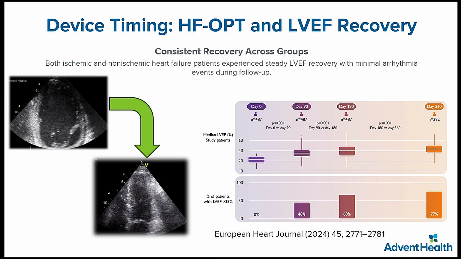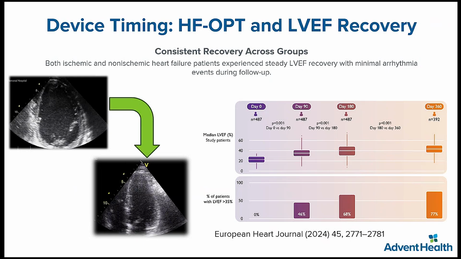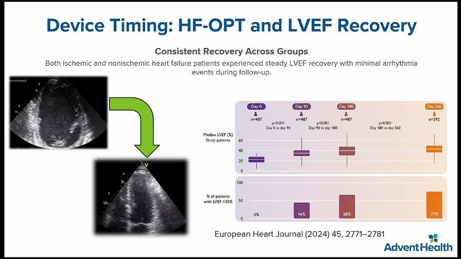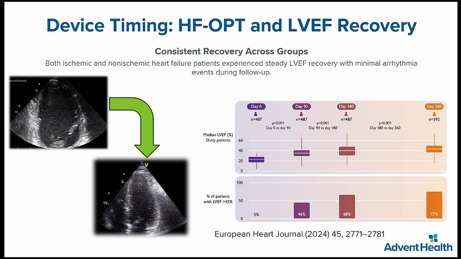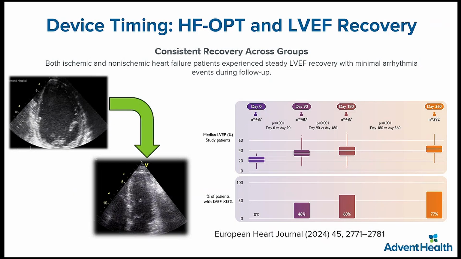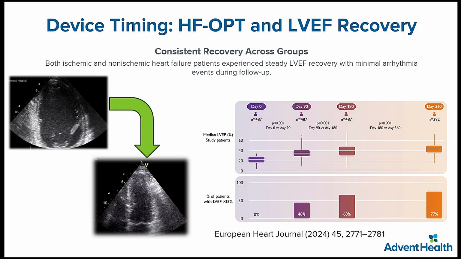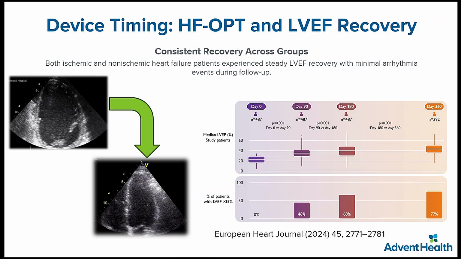But if we waited an additional 180 days, we see that that number rises to 68% of patients will have near normalization of their ejection fraction, or certainly above 40% to where they no longer require ICDs. And then if you wait for 360 days, you'll see that 77% of patients have recovery of their ejection fraction above the 40%.